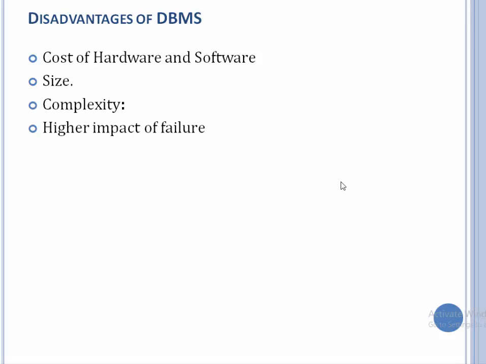This is the first disadvantage of the database management system, because it is mandatory to have a high speed processor and also a large memory space. Nowadays there is a large amount of data in every field which we need to store safely and with security. That's why we need to pay more money for hardware and software maintenance.